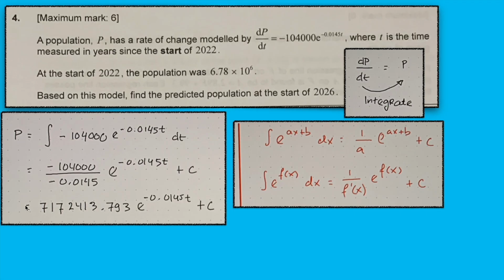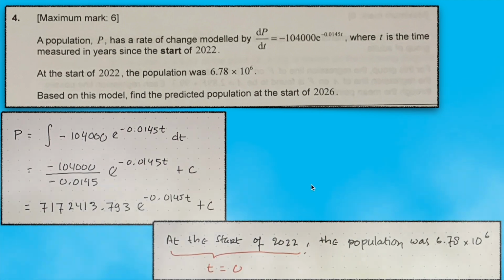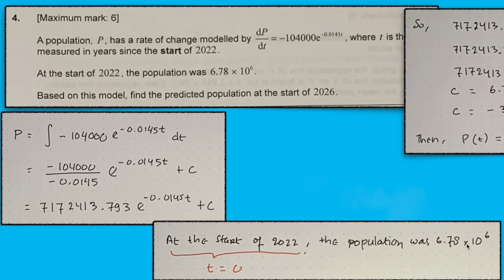Okay, so this P equation is not complete because we still need to find this arbitrary constant c. So what we can do, we are told that at the start of 2022, that means when t is equal to 0, the population was 6.78 by 10 to the 6. So let's substitute.